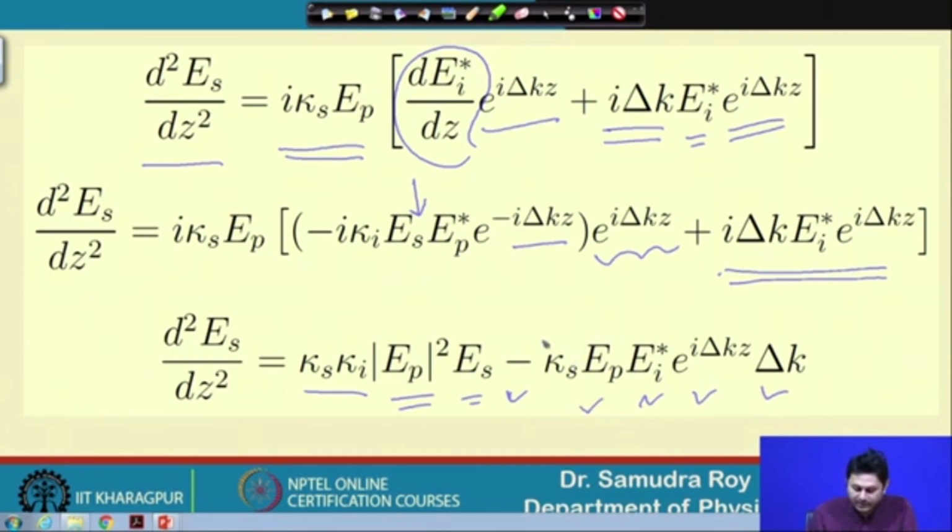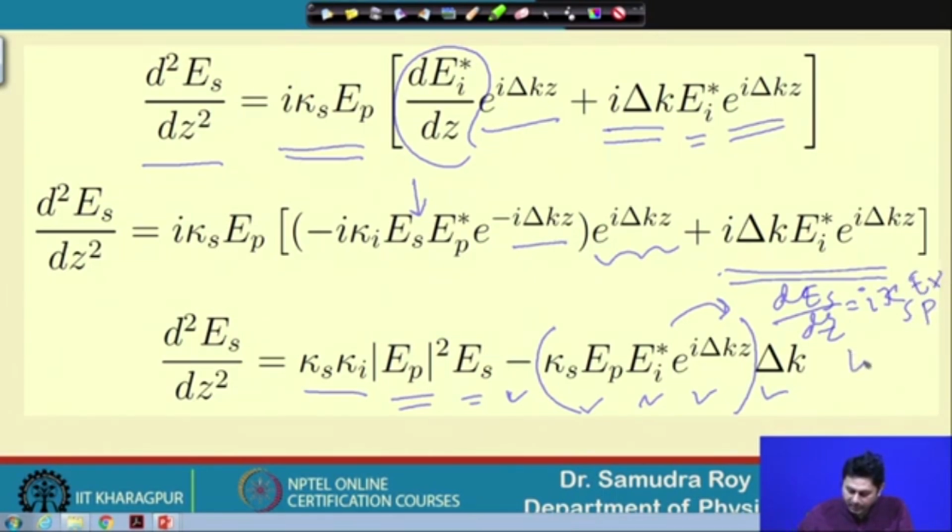Now, if I look carefully at this term, it is nothing but dE_s/dz, because dE_s/dz is i kappa_s E_p multiplied by E_i star and e to the power of i delta k z. So this term is nothing but 1 by i of this.